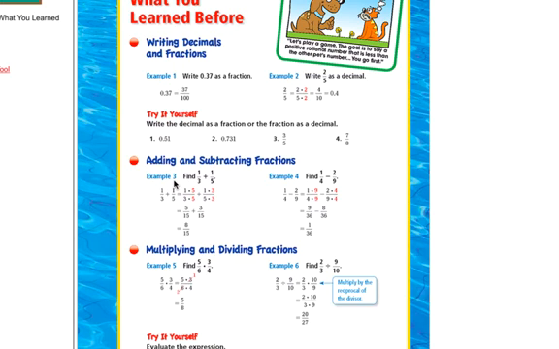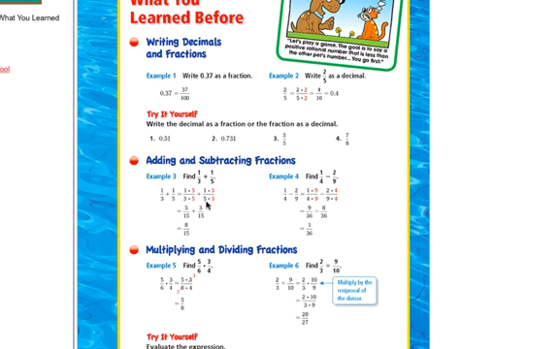Example number 3. We're going to add 1/3 and 1/5. Now what we have to do is we have to have a common denominator. Do you remember that term? So the bottom number has to be the same. So the easiest way to do that is these are both factors of 15. So what they did was they took the 1/3, and in order to get 15, you have to multiply the bottom by 5, which means you also have to multiply the top number by 5.